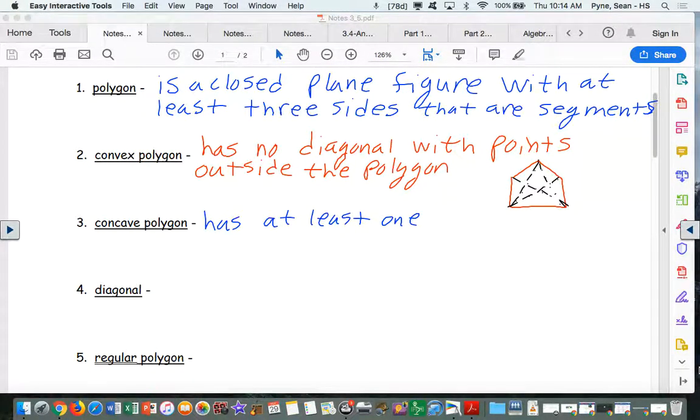Has at least one diagonal with points outside the polygon.